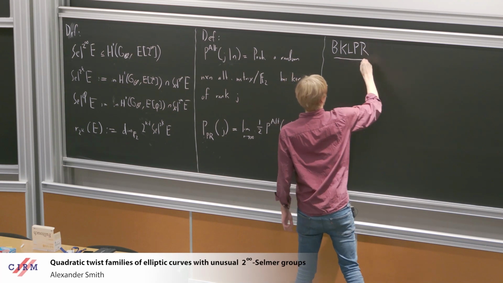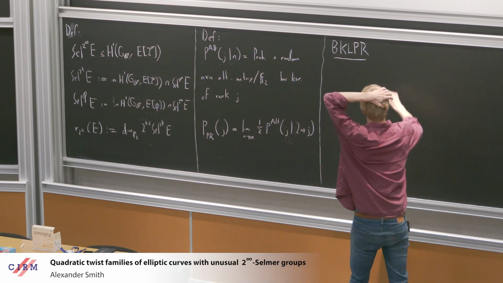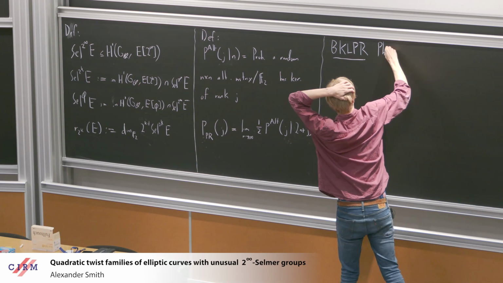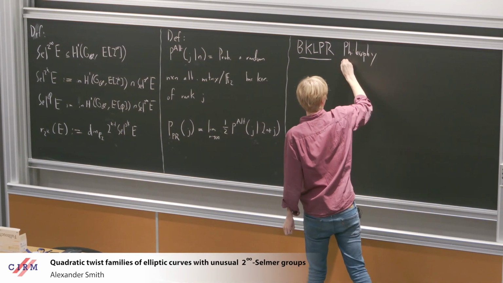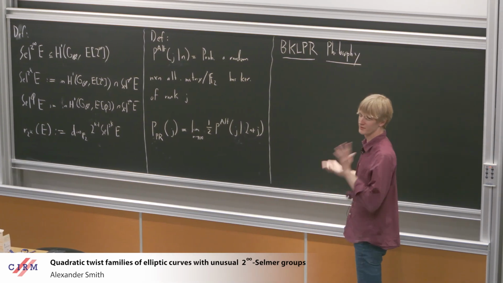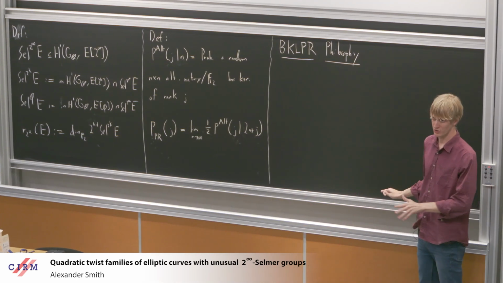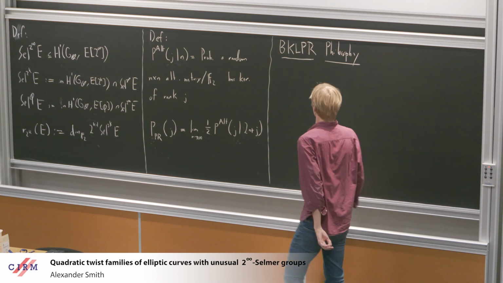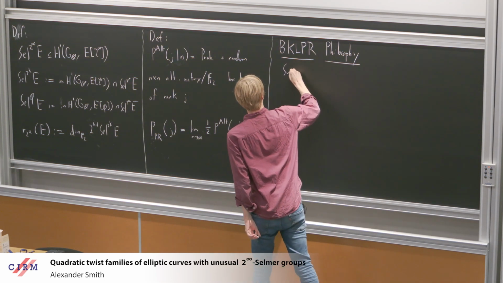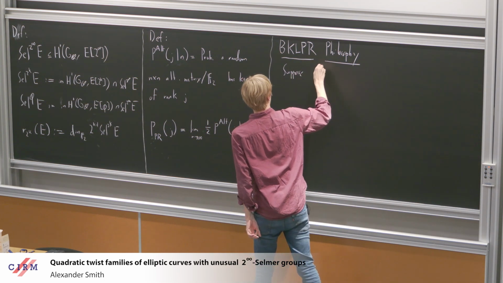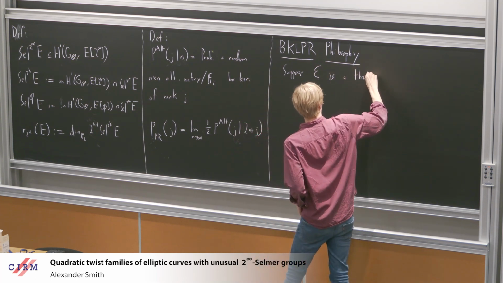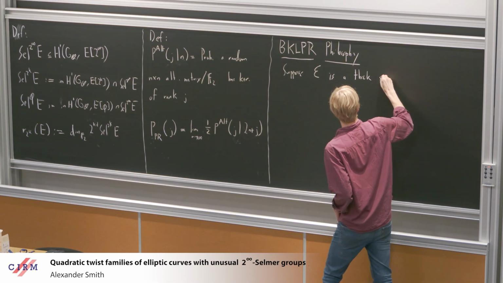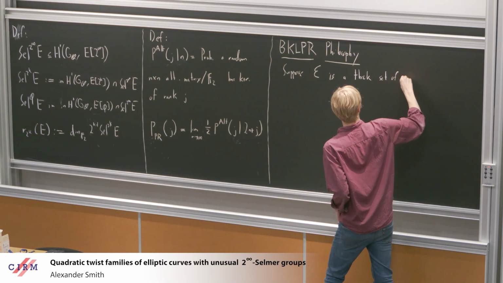I'm going to adopt a piece of notation from Sawin's talk and talk about the BKLPR philosophy, which is unfalsifiable, as it should be. So suppose E is a thick set of elliptic curves.